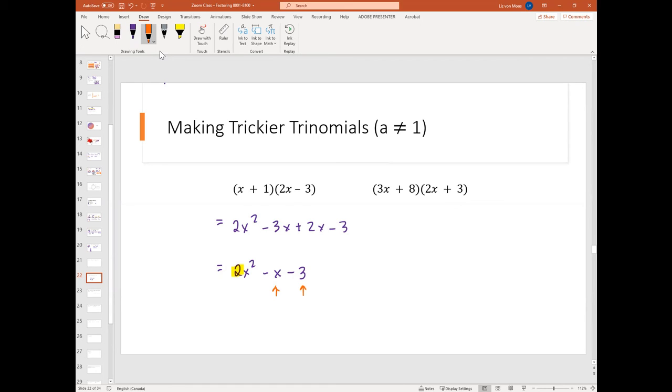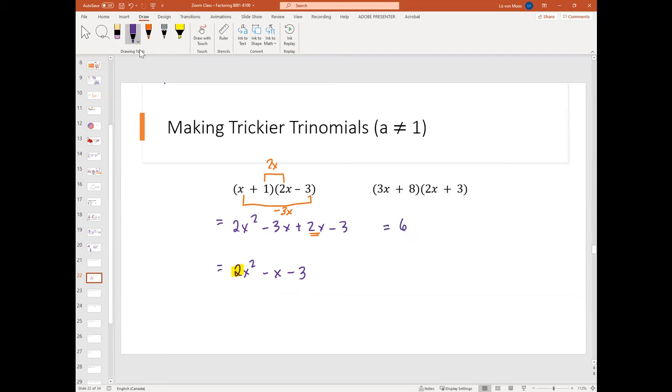And that's because the 2 is, of course, involved as well. The 2 is active as I do the FOIL, right? So we had, sure, x times -3, that gave us the -3x, but here we have the 2x acting in the middle. 1 times 2x is where we get this 2x from. So it affects the middle term to have that 2 out front.